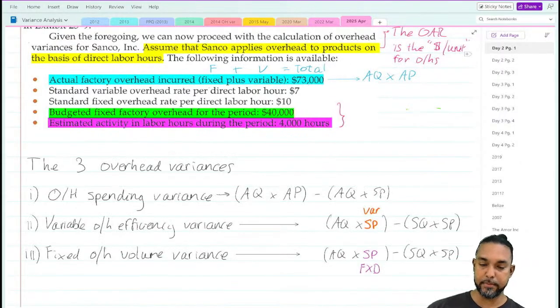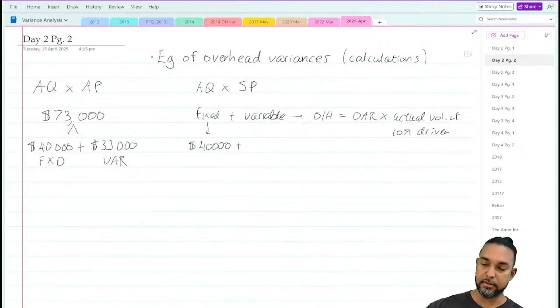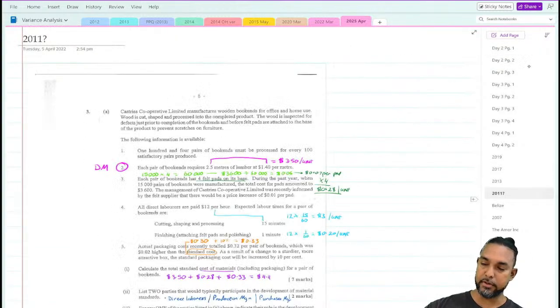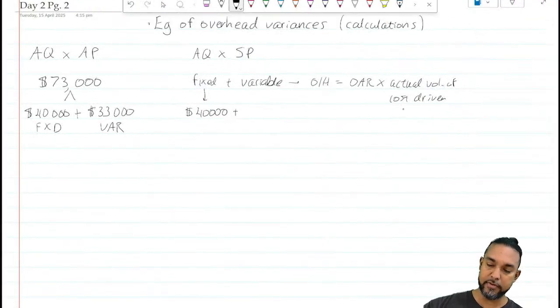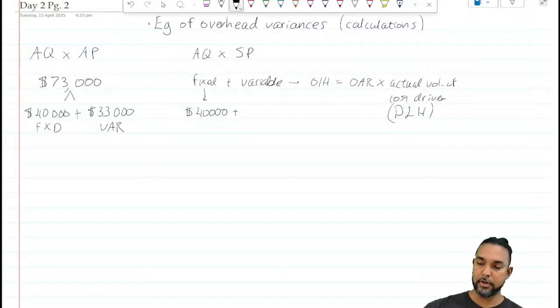Remember, they told us up in the yellow, almost at the very top there, to assume Sanko applies overheads to products on the basis of direct labor hours. So our cost driver is direct labor hours.